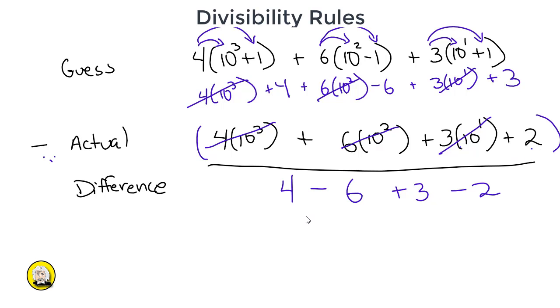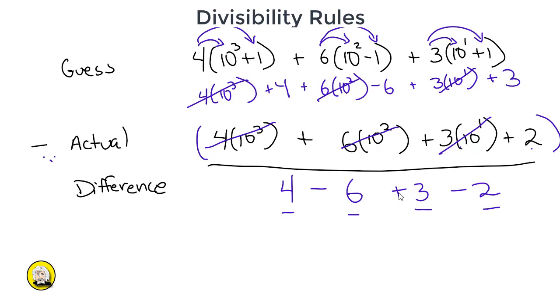And as we can see, the original number was 4,632. This is our alternating sum of digits. We are adding the first and the third digit, and we're subtracting the second and the fourth digit. And that would work if we had a fifth, sixth, seventh, eighth digit as well.